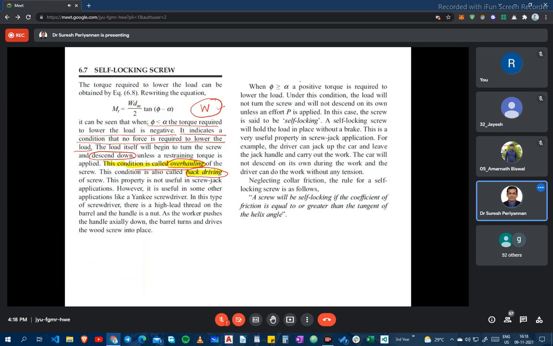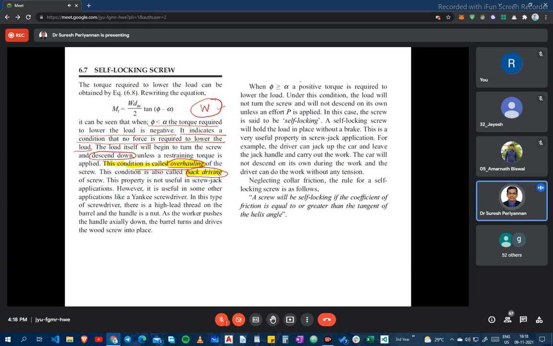When phi is less than alpha, the applied torque is going to be a negative value. Negative value means that we don't need to apply any force on the handle to lower the weight.